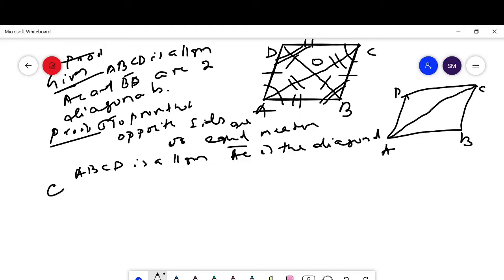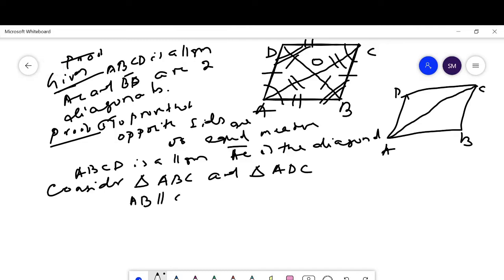Then consider triangle ABC and triangle ADC. Here AB is parallel to CD and AC is the transversal.